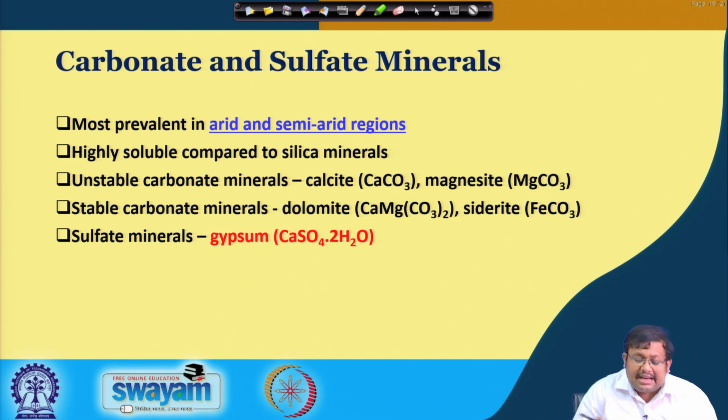Unstable carbonate minerals, examples are calcite as well as magnesite, and stable carbonate minerals are dolomite and siderite, where dolomite is calcium magnesium carbonate, whereas siderite is iron carbonate. As far as the sulfate minerals are concerned, the most important one is gypsum, which is calcium sulfate dihydrate. So, these are some of the important carbonate and sulfate minerals which are present in the soil.